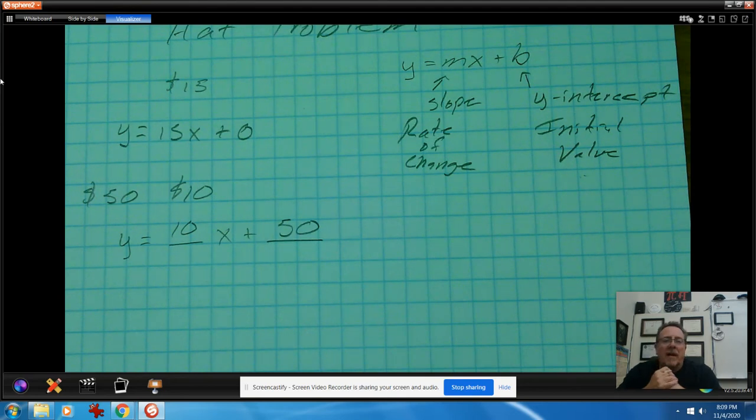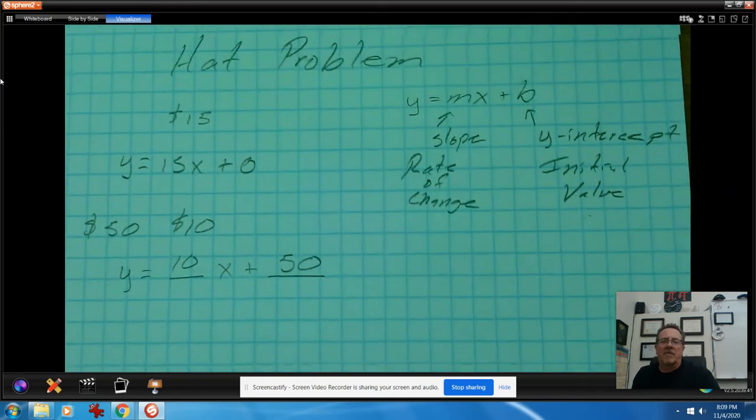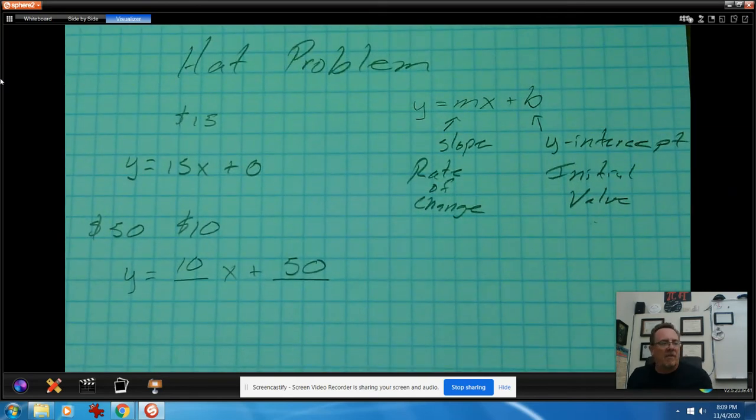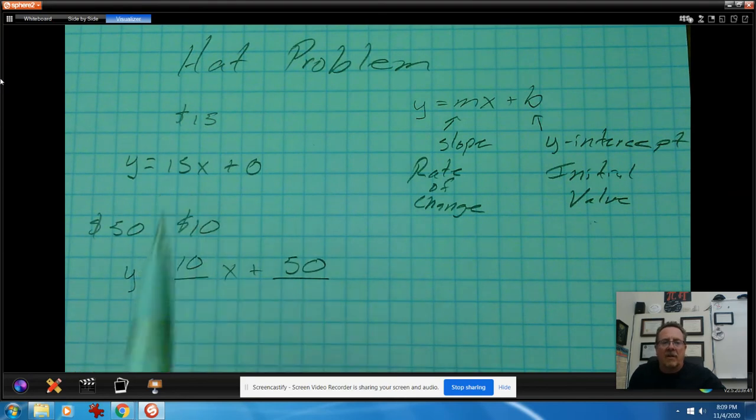This is a real world kind of problem. You see this kind of stuff all the time. I've purchased a lot of uniforms and shirts and hats and such for the school. And this is kind of the way that companies will charge. You'll have one company that just charges a flat rate per item, and you'll have another company that wants to charge a setup fee and then charges you a different fee per item that you purchase.